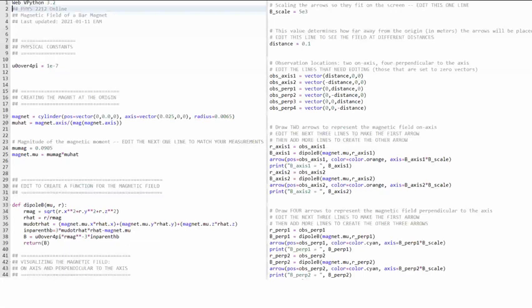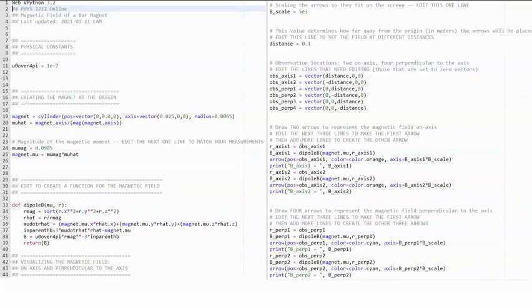And then for the GlowScript code, here on the left I have my magnetic dipole moments, and the function that gives the magnetic field at each observation location. I should have used the dot function in GlowScript, but I didn't know it existed.